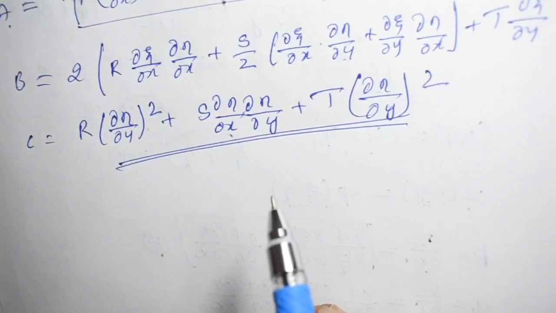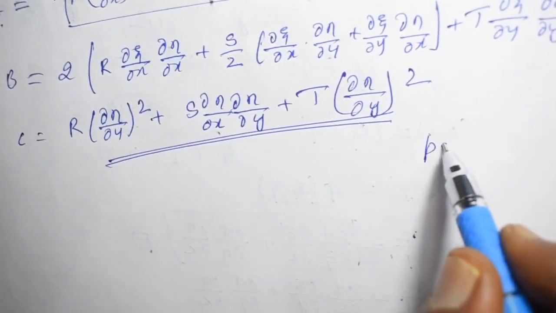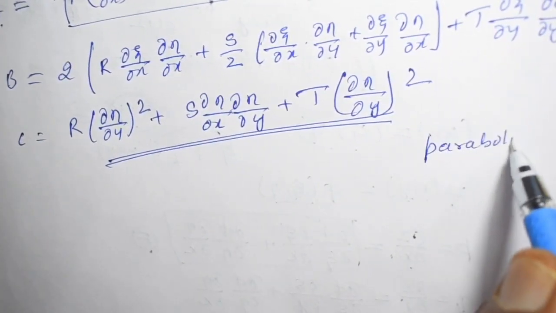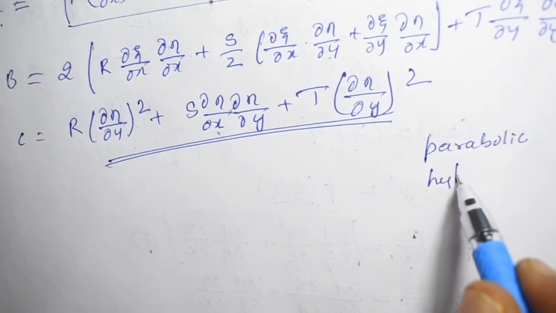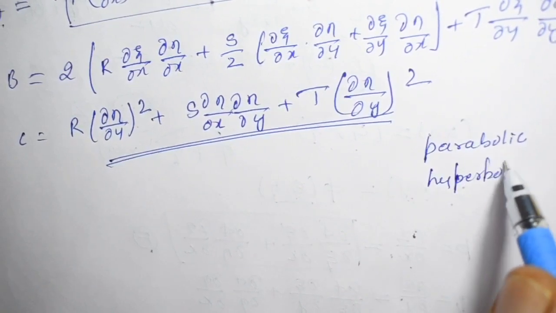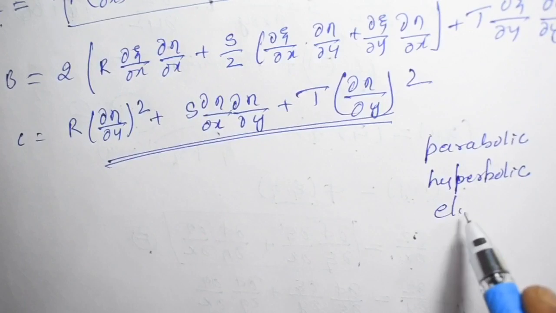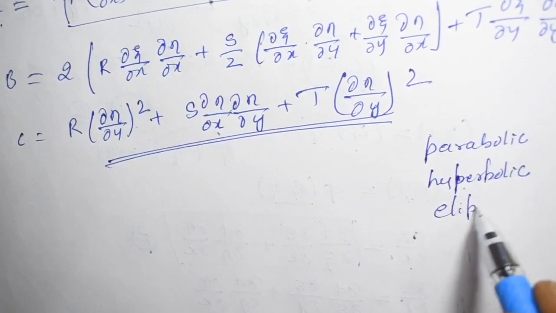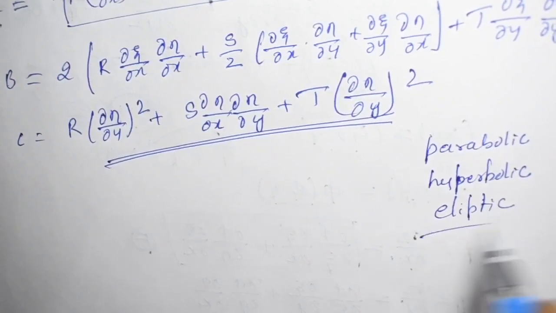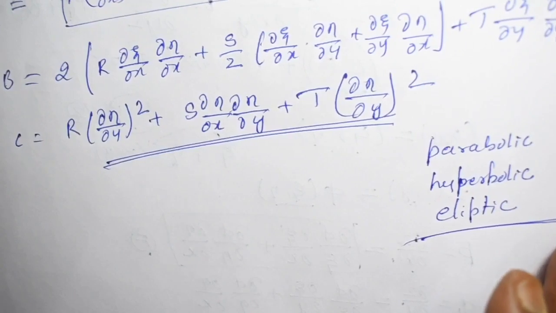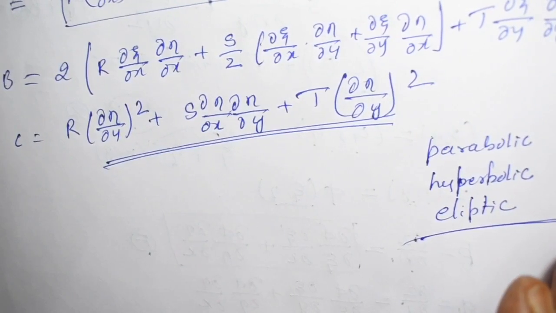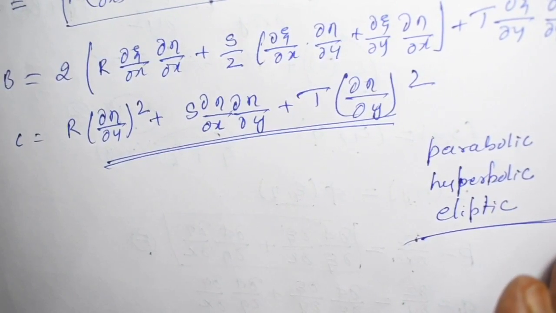Canonical forms like parabolic, hyperbolic and elliptical equations, right? So in either of these three cases you are going to get one of them by taking the transformation.